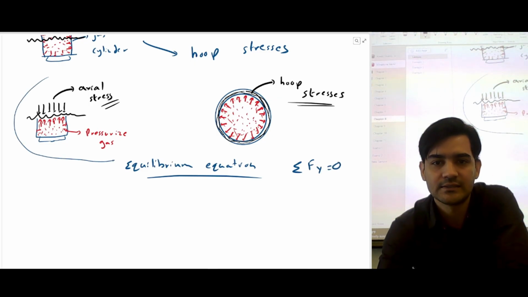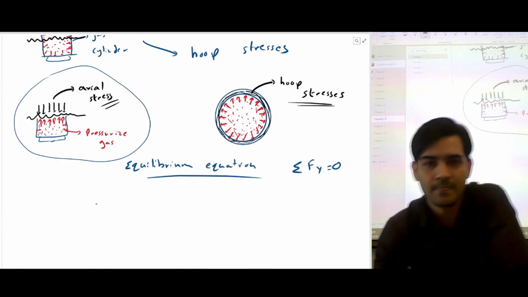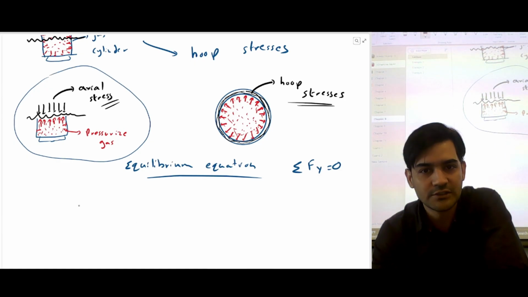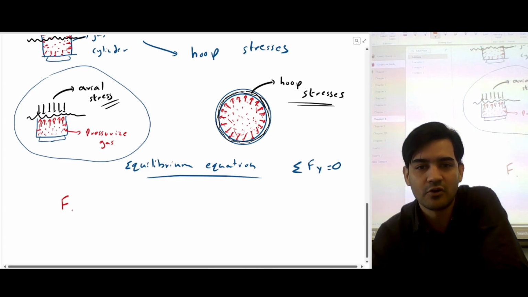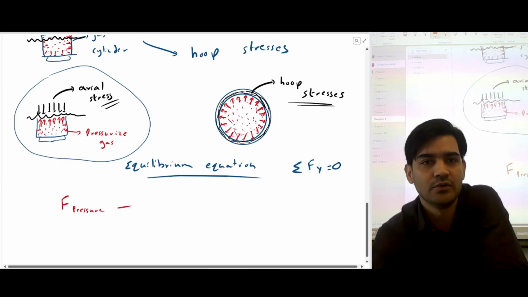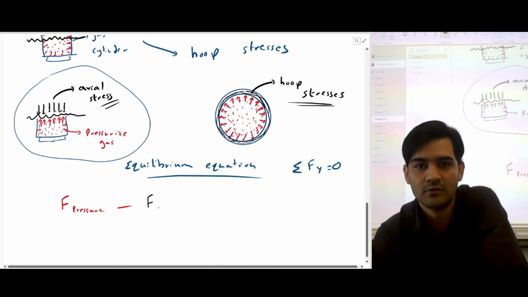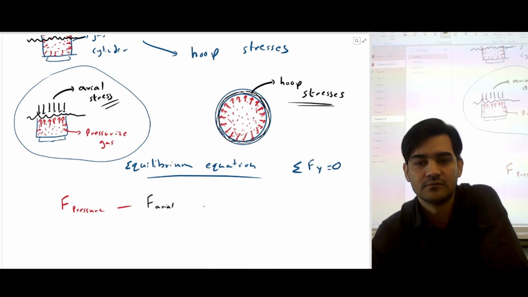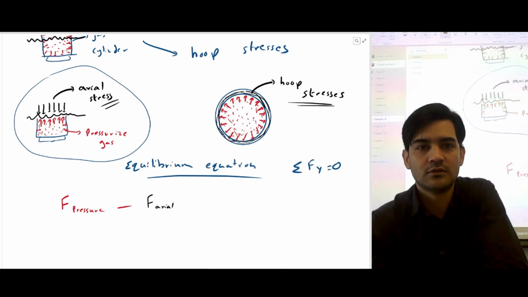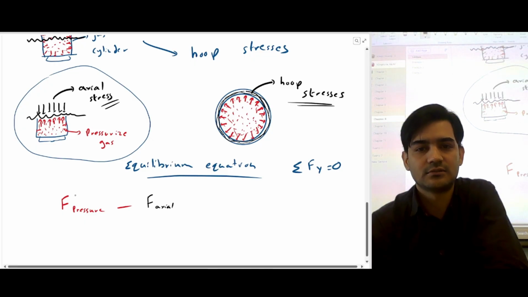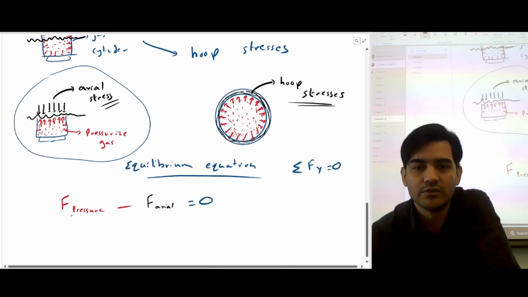In this case, we can see that there is a force because of the pressure minus an internal force, which is the axial force, and that's going to be equal to 0.